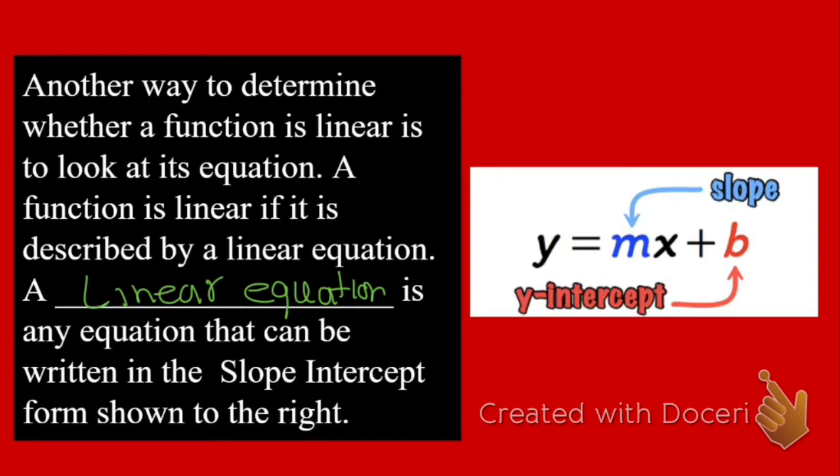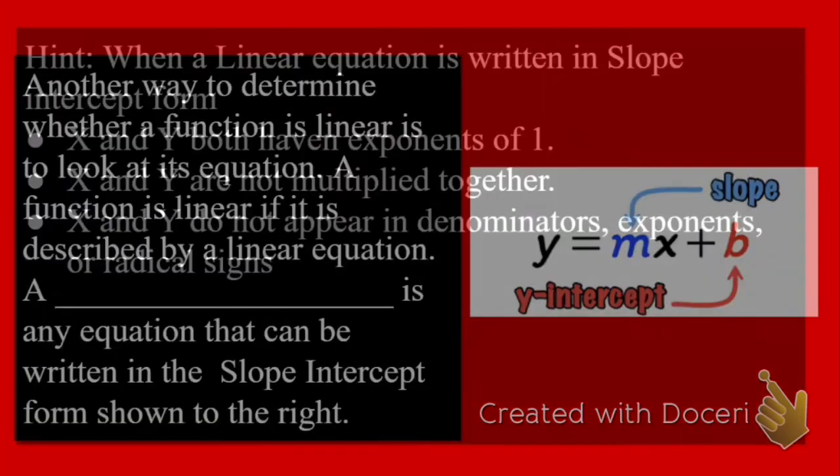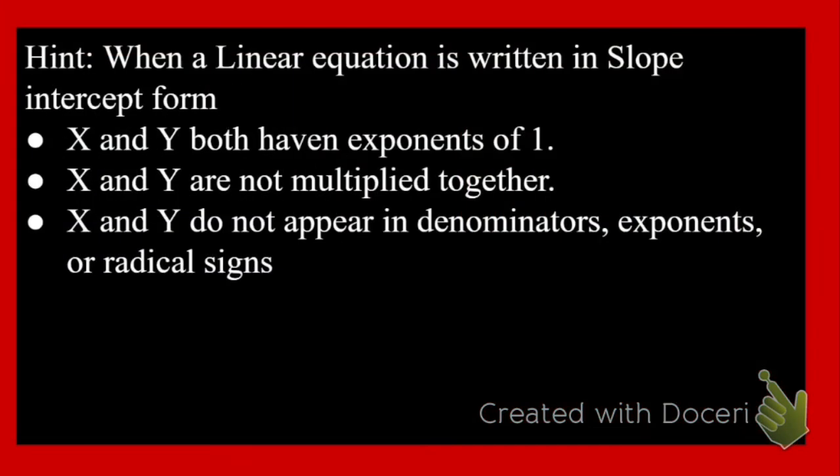So to give you some hints about that format, it says that when a linear equation is written in slope-intercept form, the x and y both have an exponent of 1. So no exponent bigger than 1 should be attached to either variable.